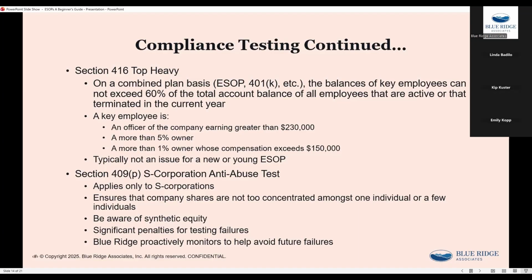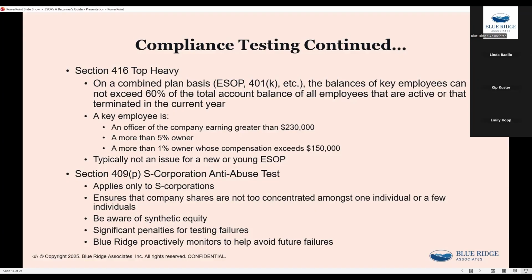And the goal for this S corporation ESOP is to have broad-based ownership. So there's a concentration test to see if the shares of the company, so we allocate shares to the employees throughout the year. If that share allocation is too concentrated among individuals or family groups, this test could fail. And this is a test that you do not want to fail.